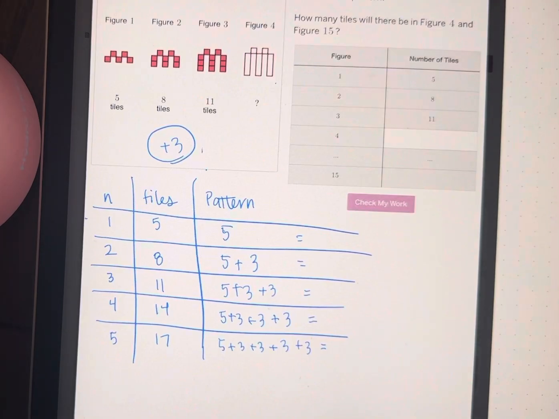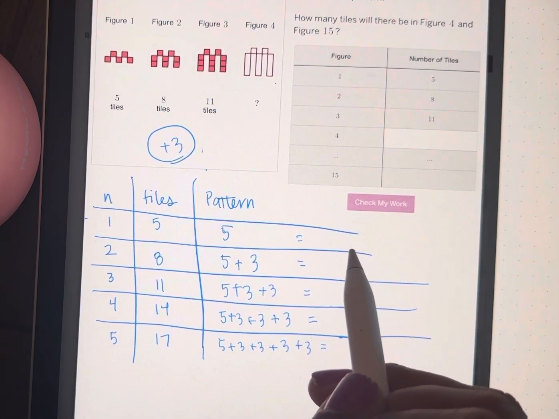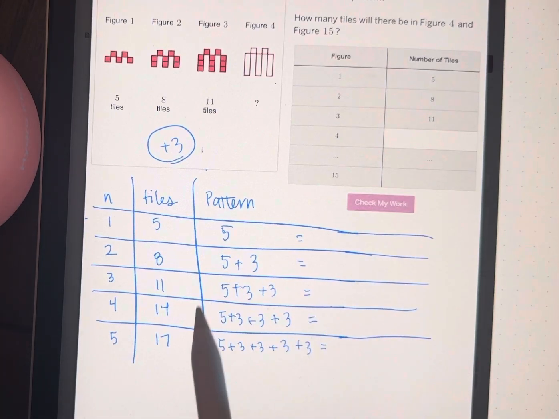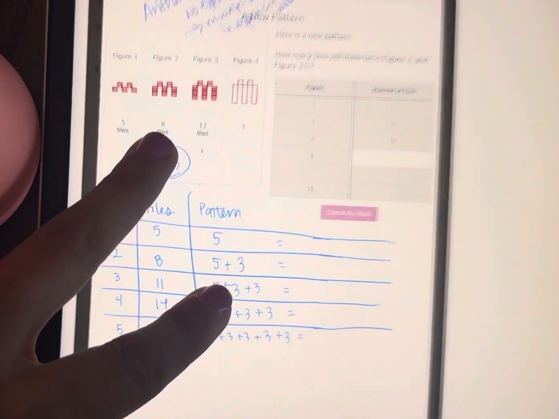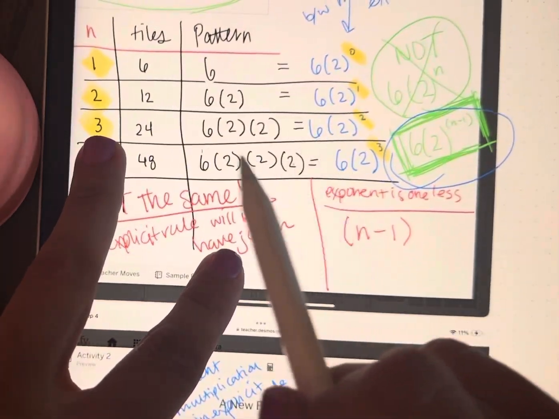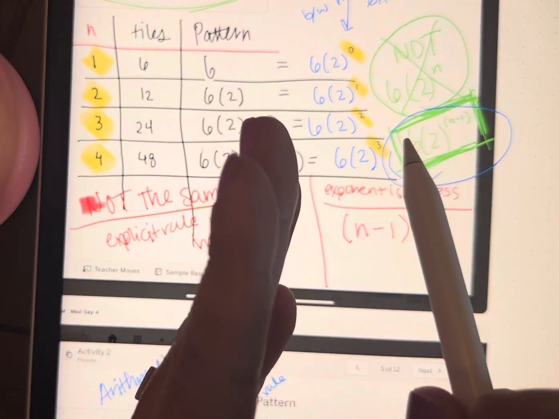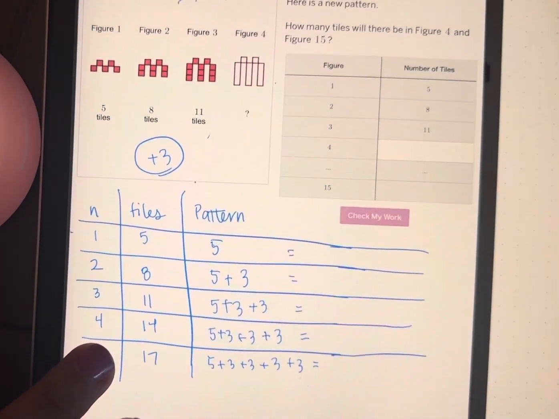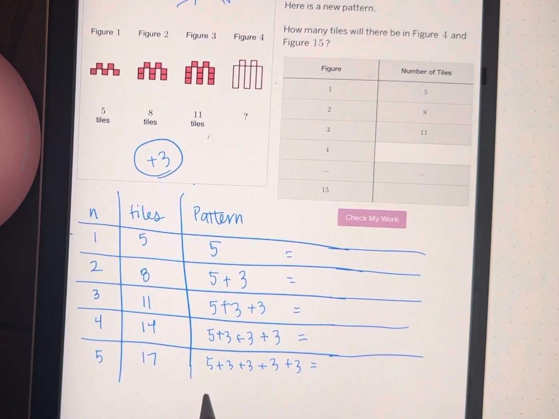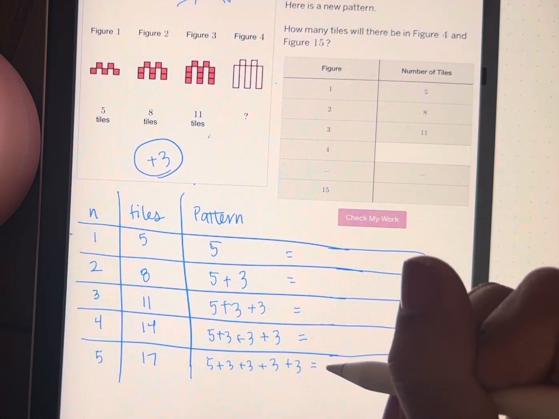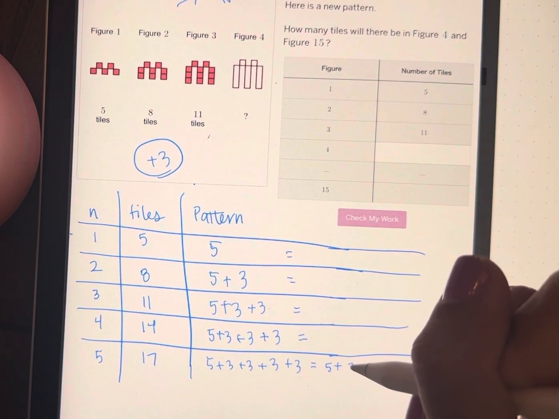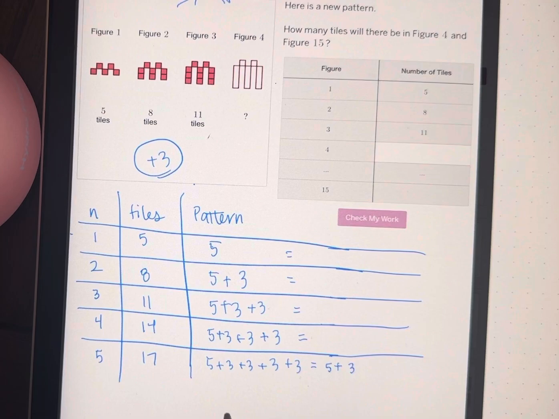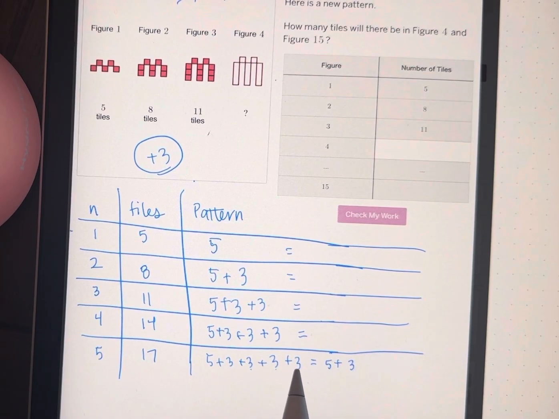Okay, so this is where it's going to be a little different, because this is an arithmetic sequence and the operations are different. We're plussing here, we're adding here, where before we were multiplying. So obviously it's going to make a little difference, and you got to make sure to notice that difference, okay? So here I have 5 plus 3. 1, 2, 3, 4 times.